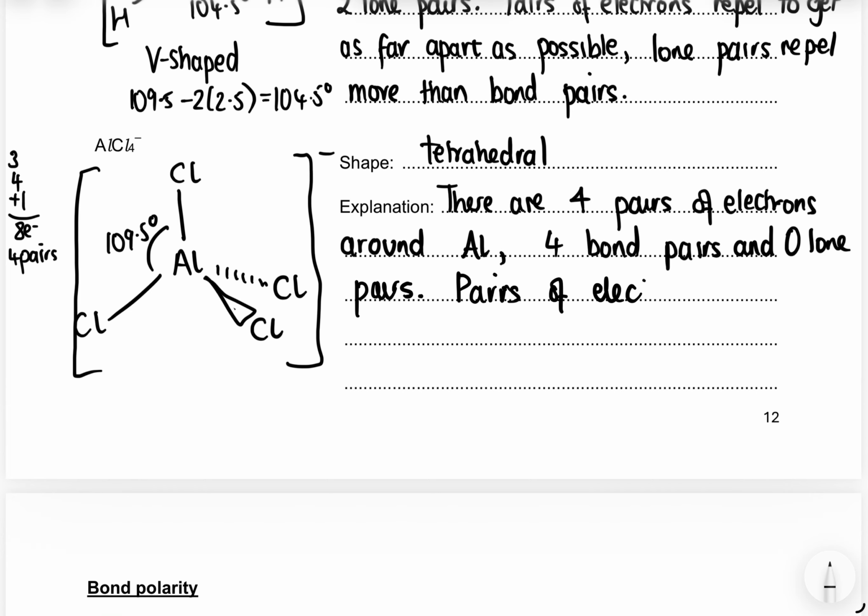Pairs of electrons repel to get as far apart as possible. We don't actually need to say anything about lone pairs repelling more here because there are no lone pairs.